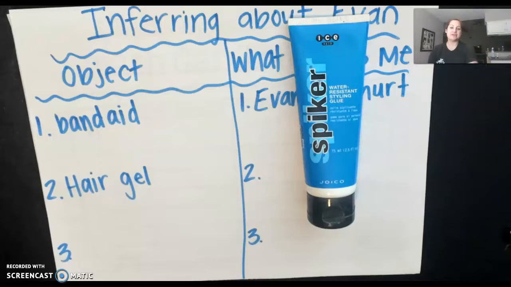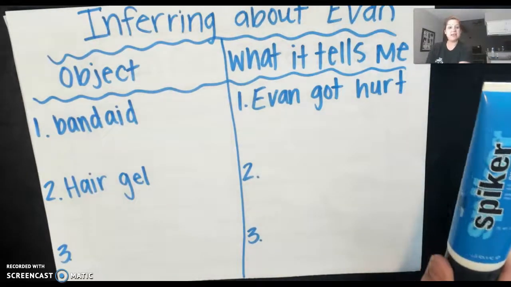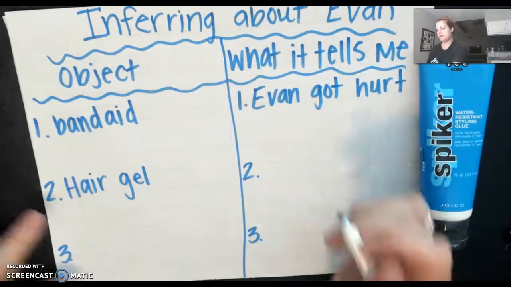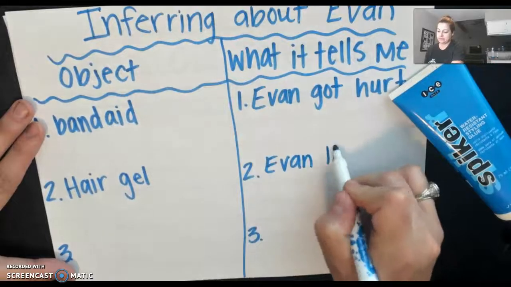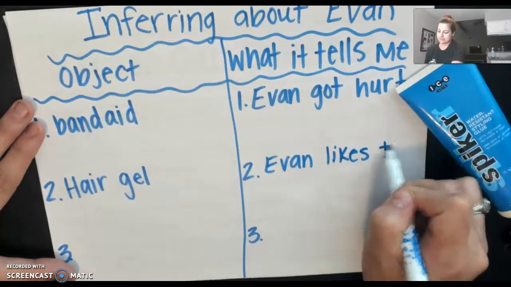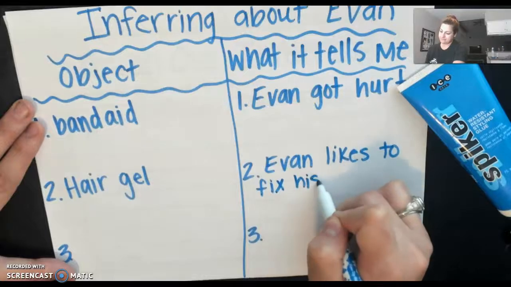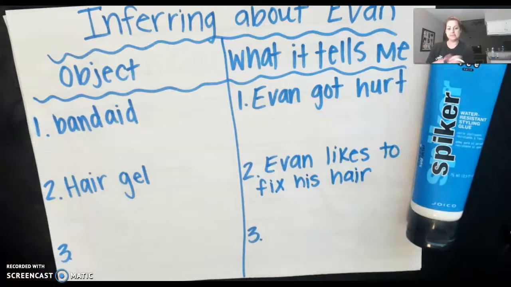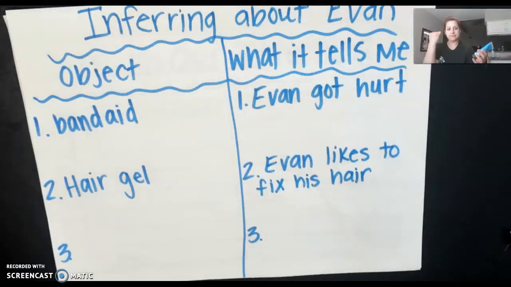So the inference we can make is that Evan likes to gel his hair. So we're going to put that for number two. Evan likes, we'll say, to fix his hair. Because when he wakes up in the morning, oh, it's a mess. So he likes to fix his hair. He likes it to be nice and gelled and spiky. Comb to the side. Okay.